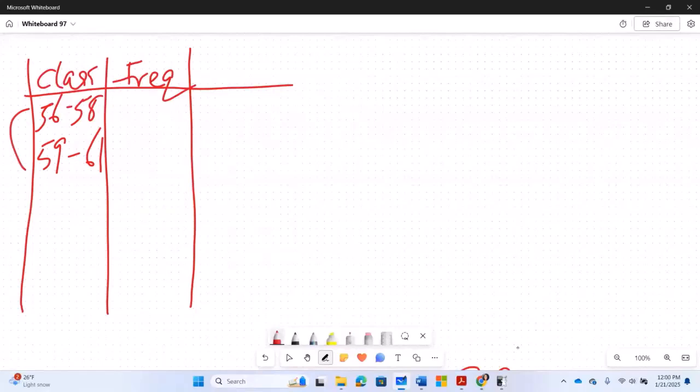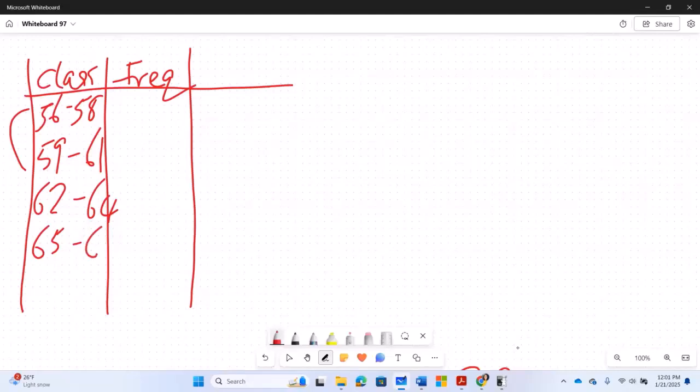Well, you see, if you look at this, the difference between consecutive lower limits is 3. Therefore, I already know that this is going to be 62. 59 plus 3 is 62. 61 plus 3 is going to be 64. 62 plus 3 is going to give me 65. Because why am I adding 3? I am adding 3 because the class width is 3.